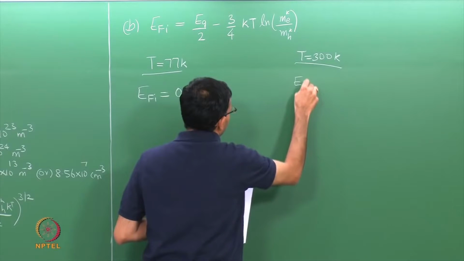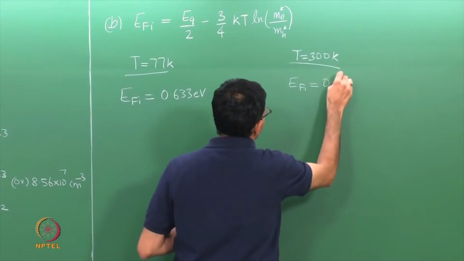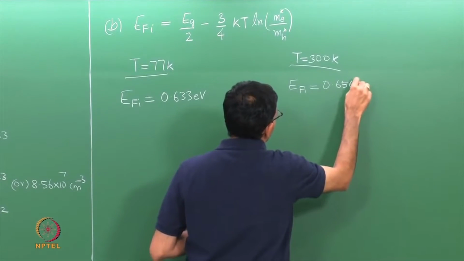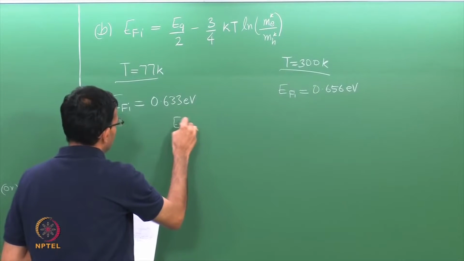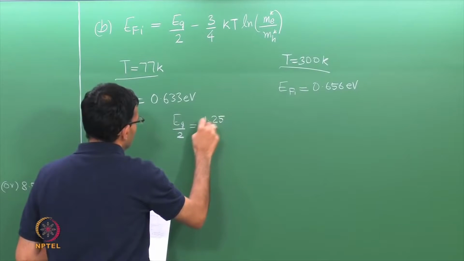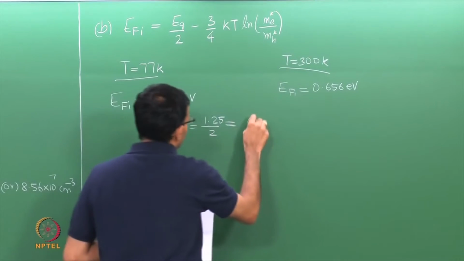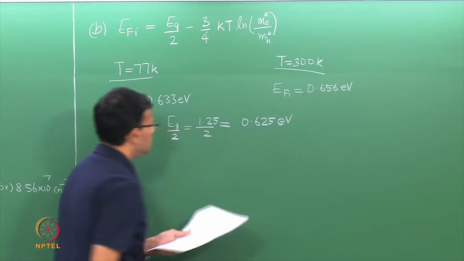At room temperature, EFI is 0.656. Eg over 2, if you look at it, is just 1.25 over 2, which is 0.625 electron volts.